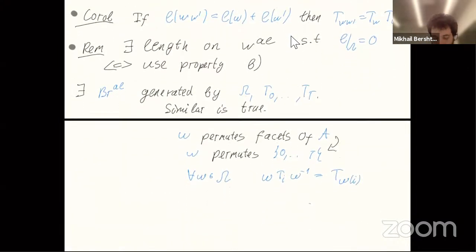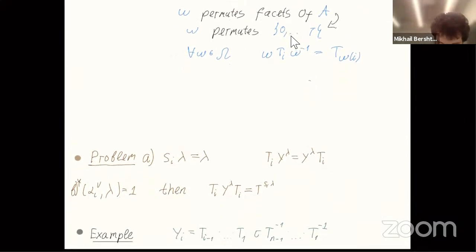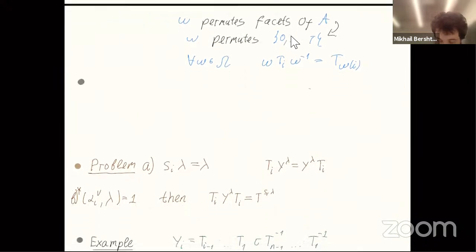So now I'm going to give a definition. For lambda, which is in P plus, where P plus means dominant, let me define Y lambda equal to the corresponding translation.